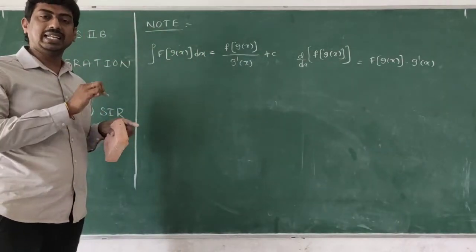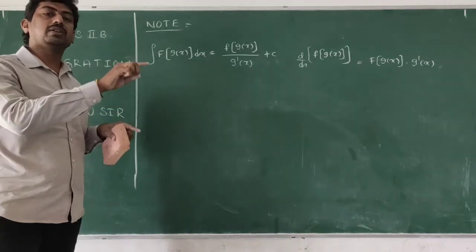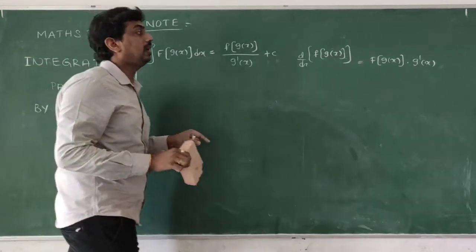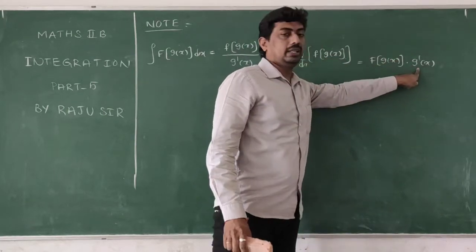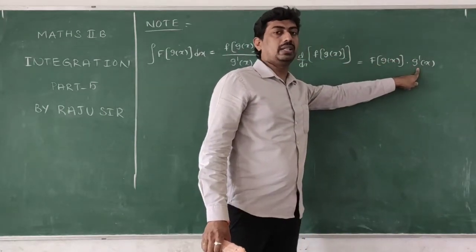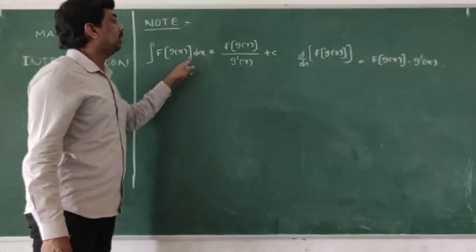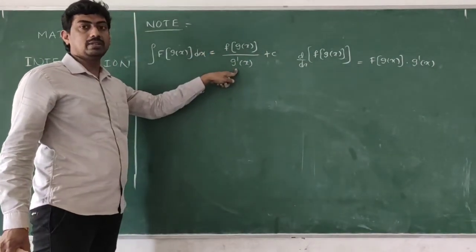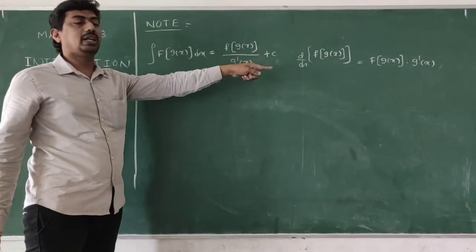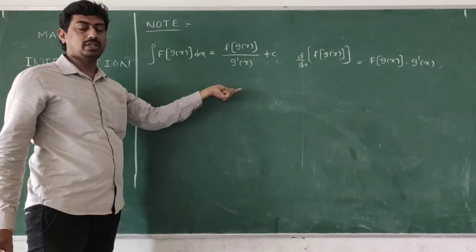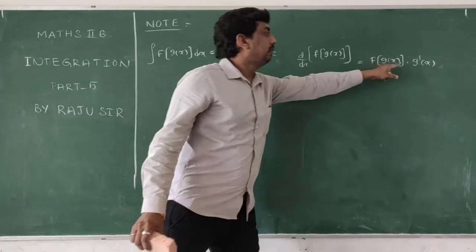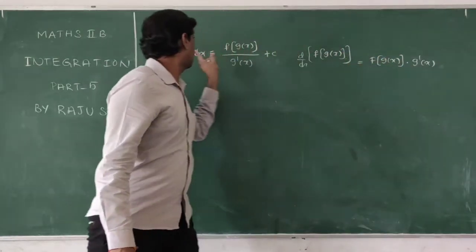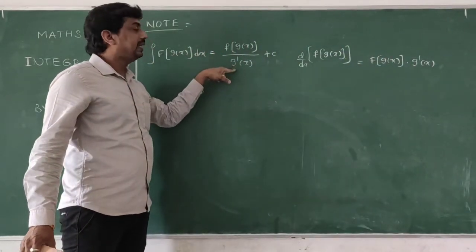Why? Because integration is the inverse process of differentiation. That's why the internal function's derivative appears in the product in differentiation, but in integration it appears as division. The inverse process of multiplication is division. So in integration we write it in the denominator.